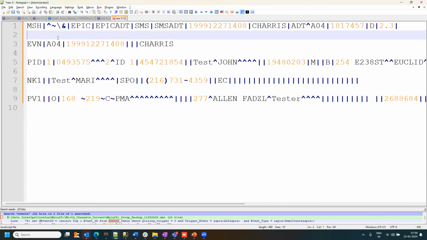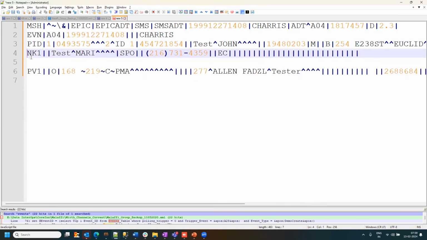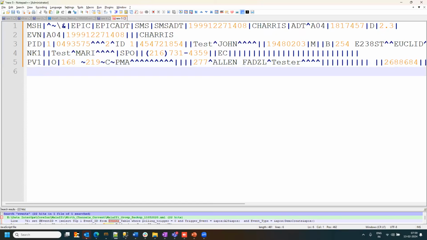Now if you look at these segments, each of them has its own name. MSH stands for message segment header, EVN stands for event, PID stands for patient identification, NK1 stands for next of kin, and PV1 stands for patient visit.